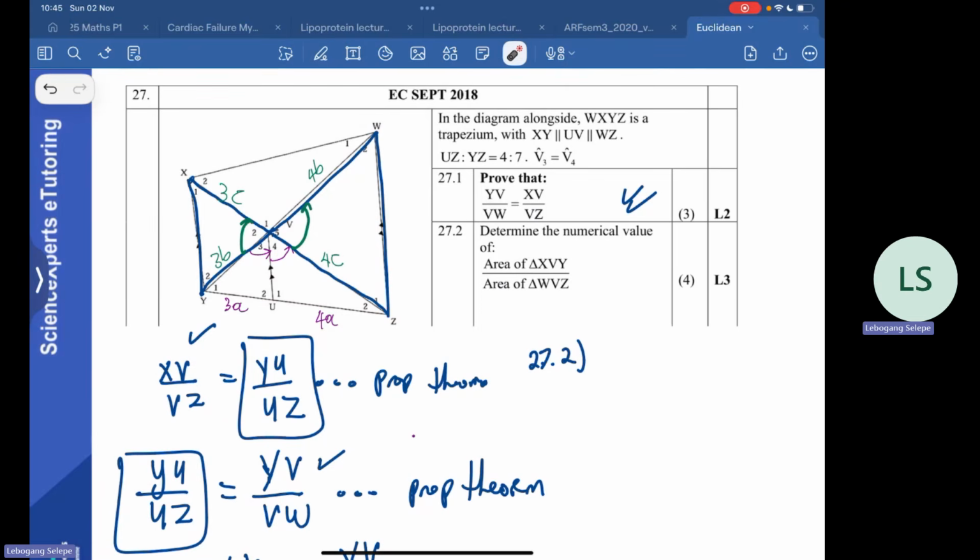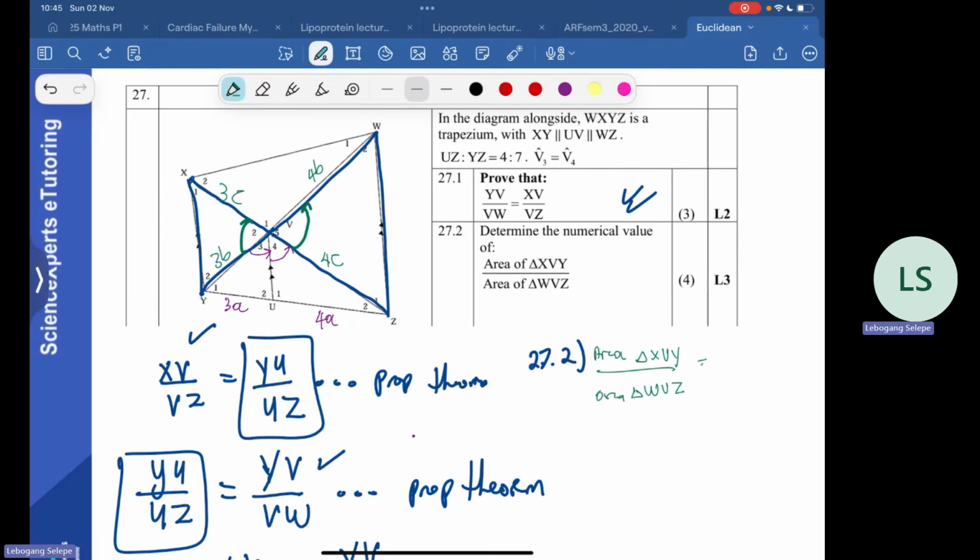So now I can use the area rule here. Can use the area rule in this triangle and use the area rule in the triangle, right? So I'm gonna use these angles as my angles. So for the first one, area of triangle XVY over area of triangle WVZ. This would be equals to, using this as my angle, I'm gonna use these sides 3B and 3C, right?